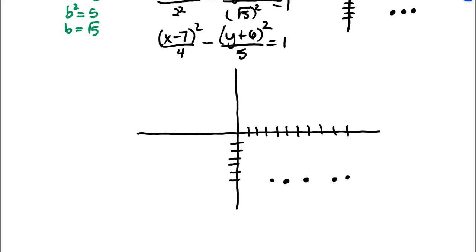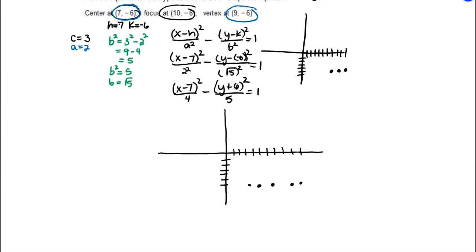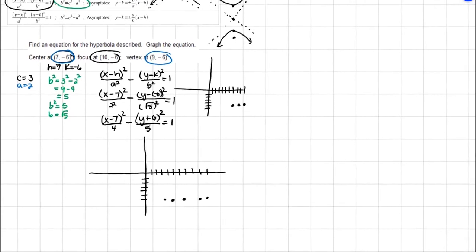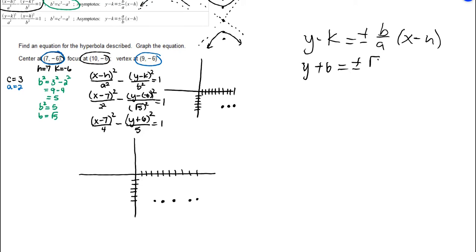Let me show you the equation of the asymptote again. The equation of the asymptote would be y minus k equals plus or minus b over a times (x minus h). For this example, that would be y plus 6 equals plus or minus square root of 5 over 2 times (x minus 7).